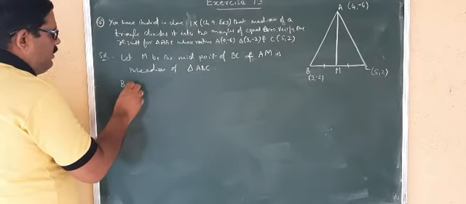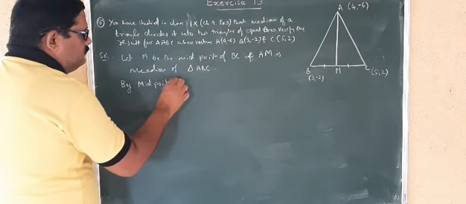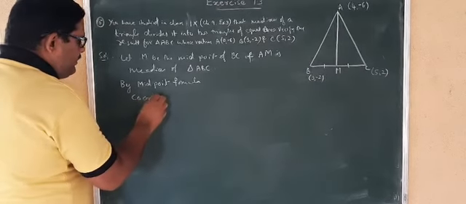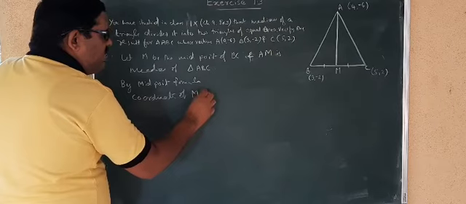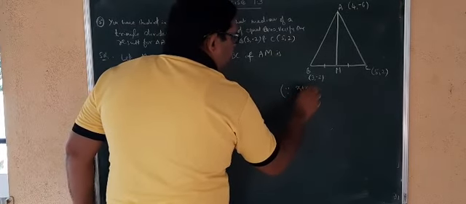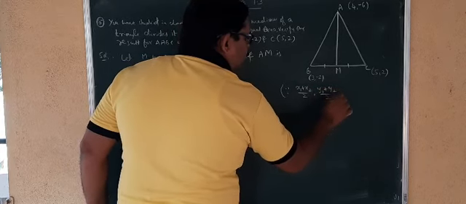By the midpoint formula, coordinates of M are equal to (x1 plus x2) by 2, (y1 plus y2) by 2.